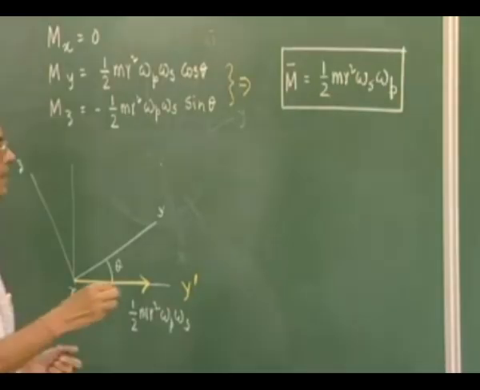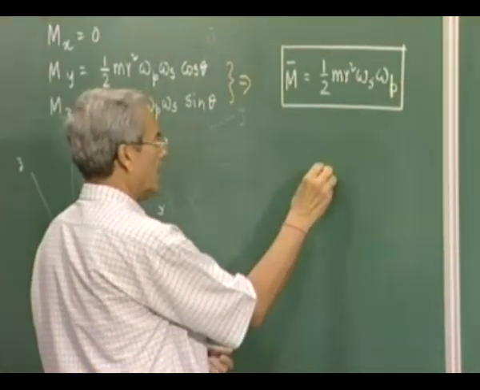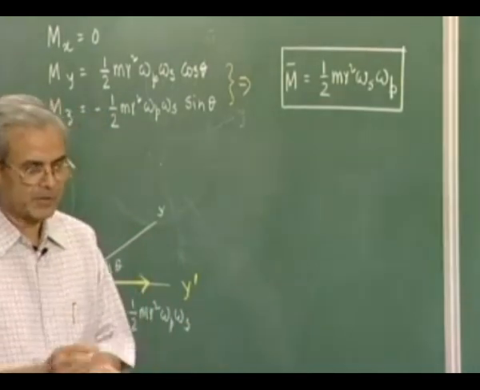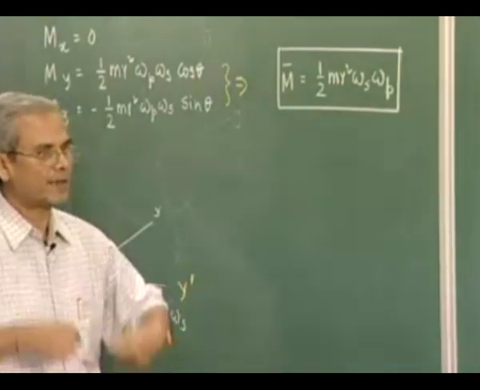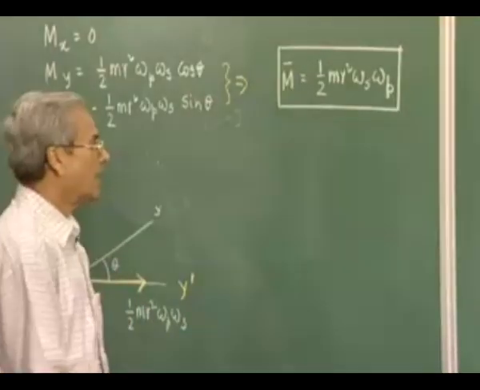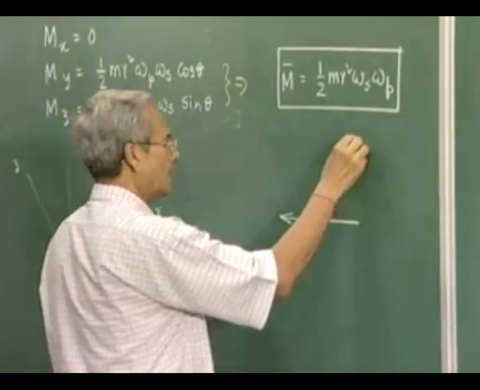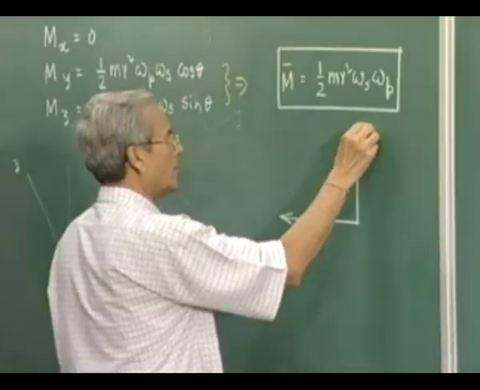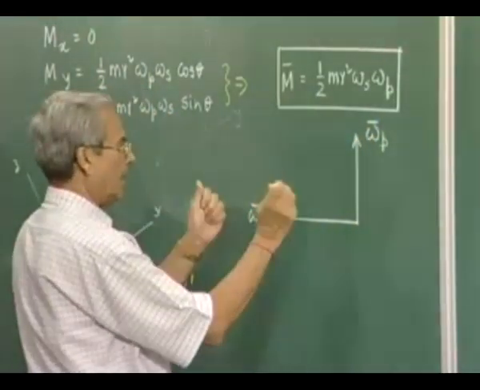So you see, it is something counterintuitive when you consider our dynamics of planar systems, where you apply a moment, the thing tries to accelerate in the same direction. Here what is happening, the body is spinning like this, you are trying to rotate about this.